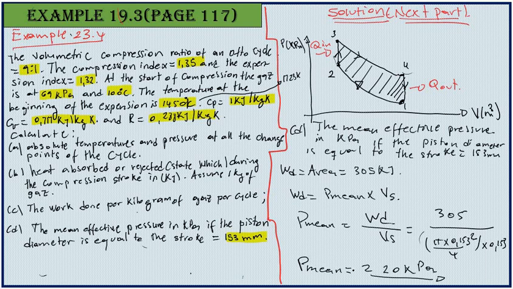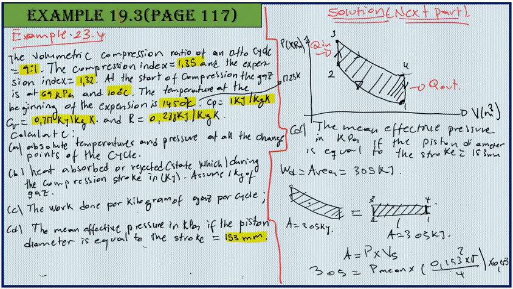So the mean pressure here is basically the height of the rectangle. The mean pressure is seen from the y-axis, and the stroke volume is seen from the x-axis.